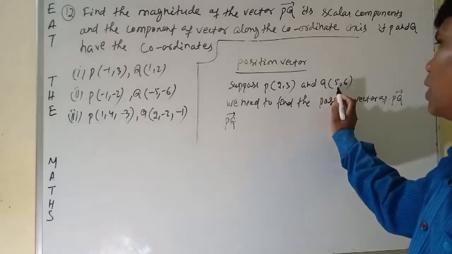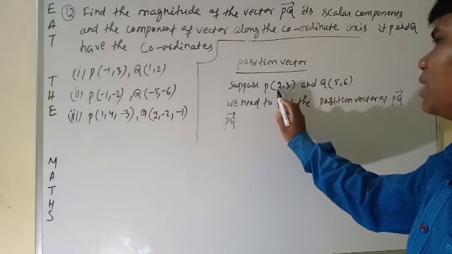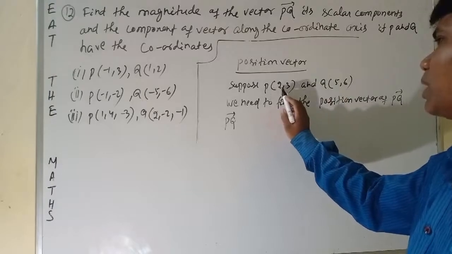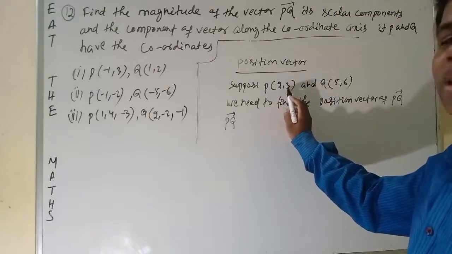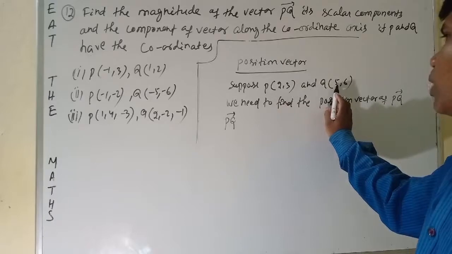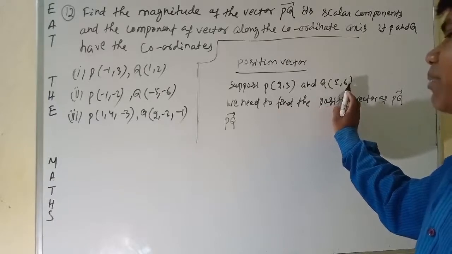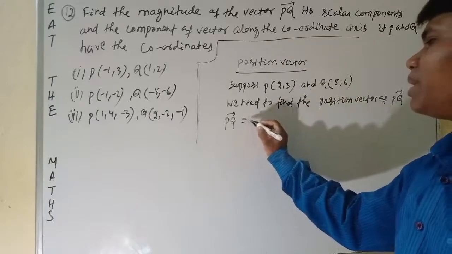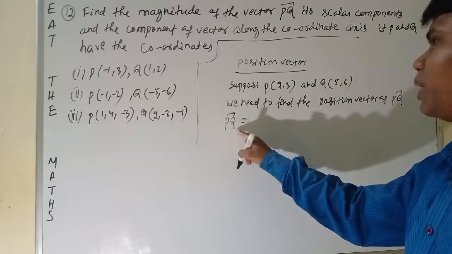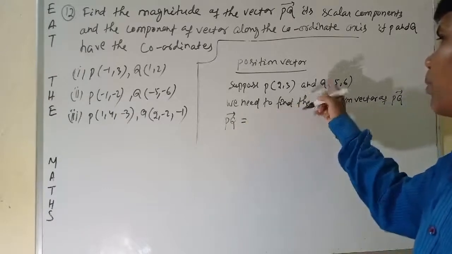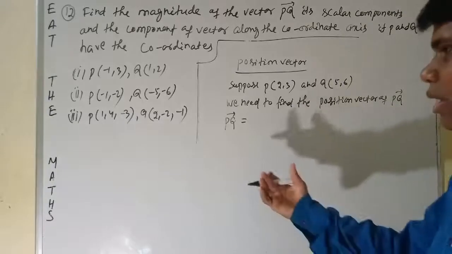Component wise we can write vector P is equal to 2 i cap plus 3 j cap, vector Q is equal to 5 i cap plus 6 j cap. That means position vector PQ is equal to, we have to subtract from Q, not from P. Remember it.